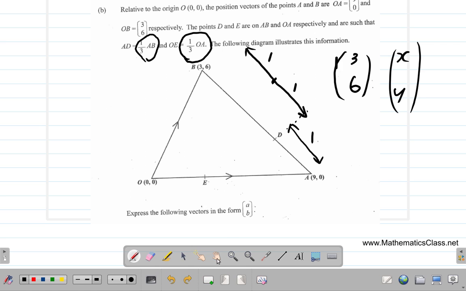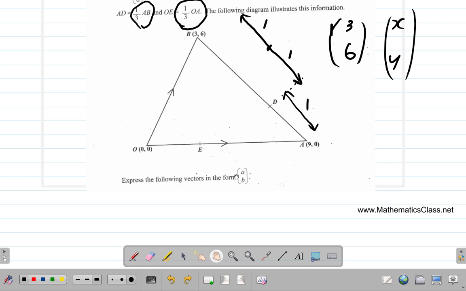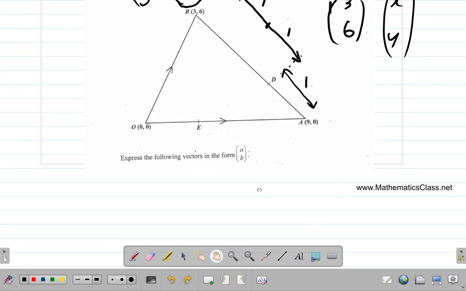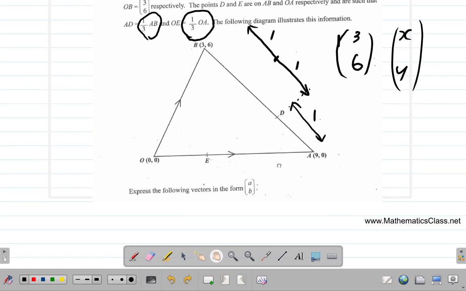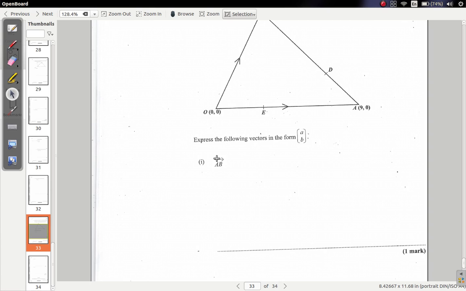Now, your question here says, express the following vector in the form of a column vector. Now, where are the vectors? Let us see. I had copied this over to the other screen. So here we have AB.